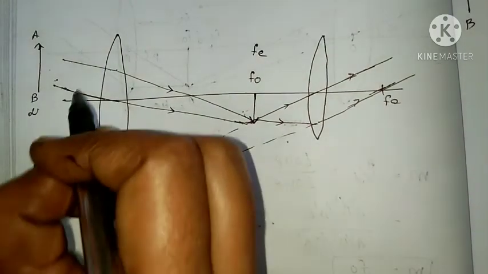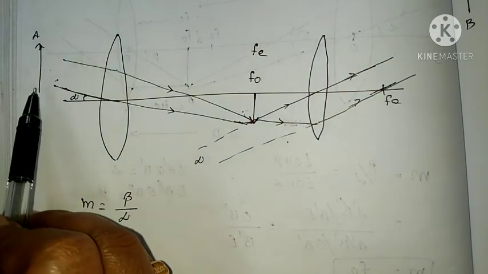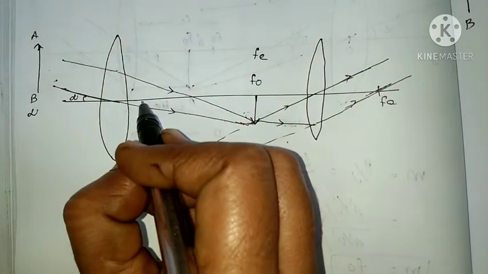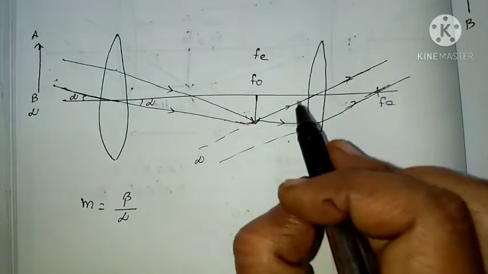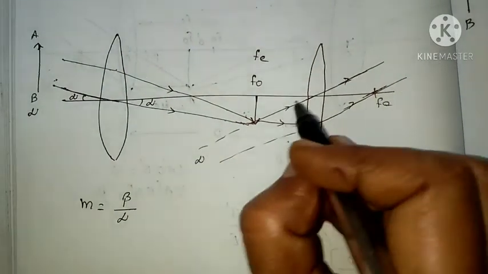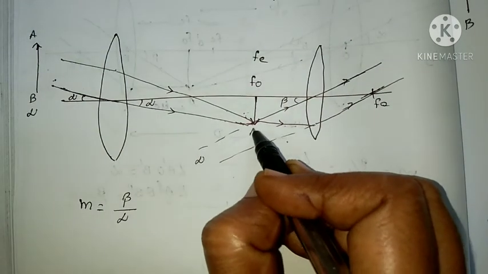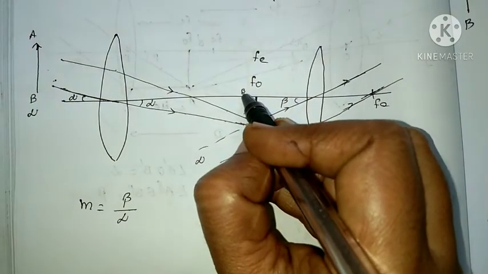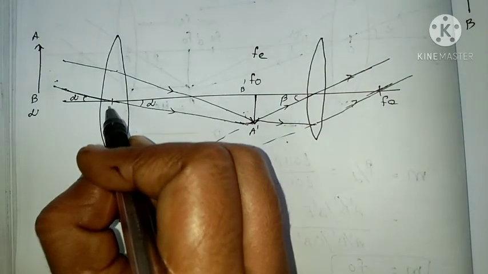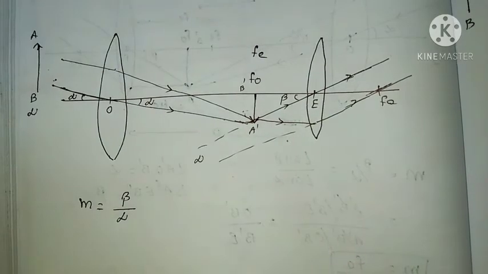As in the same case, this is alpha, the angle between the object and the eye. This angle is also alpha. What is beta? That is the angle between the image and the eye. So this angle is beta. Then we note the image as A'B', and this is the optic center of the objective, O, and this is the optic center of the eyepiece, which we note as E.